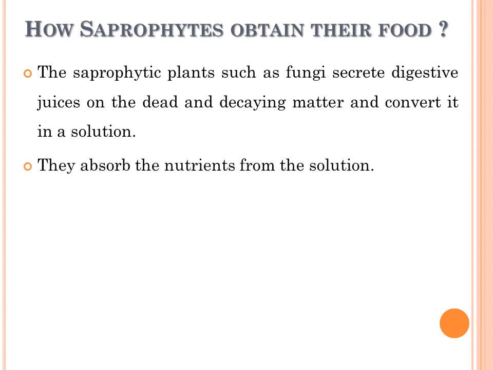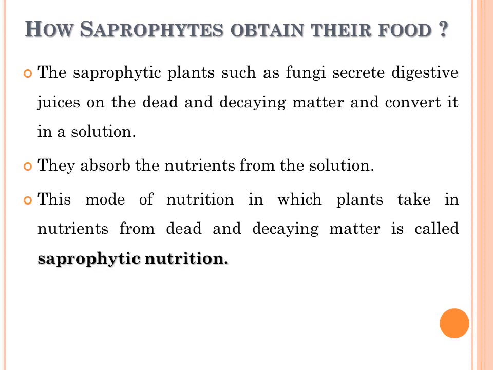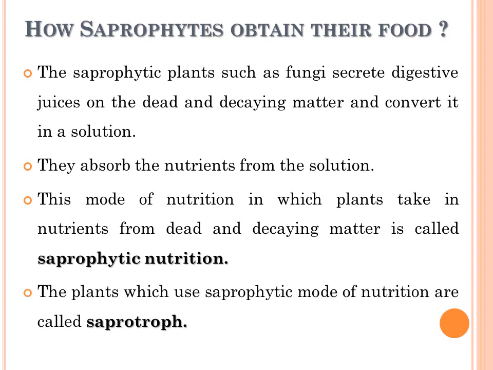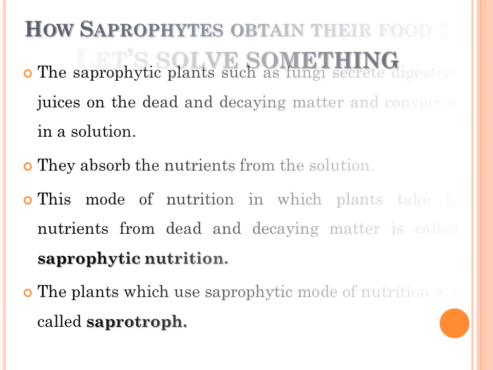They absorb the nutrients from the solution. This mode of nutrition, in which plants take in nutrients from dead and decaying matter, is called saprophytic nutrition or saprophytic mode of nutrition. And those who are dependent on this mode of nutrition are known as saprotrophs.